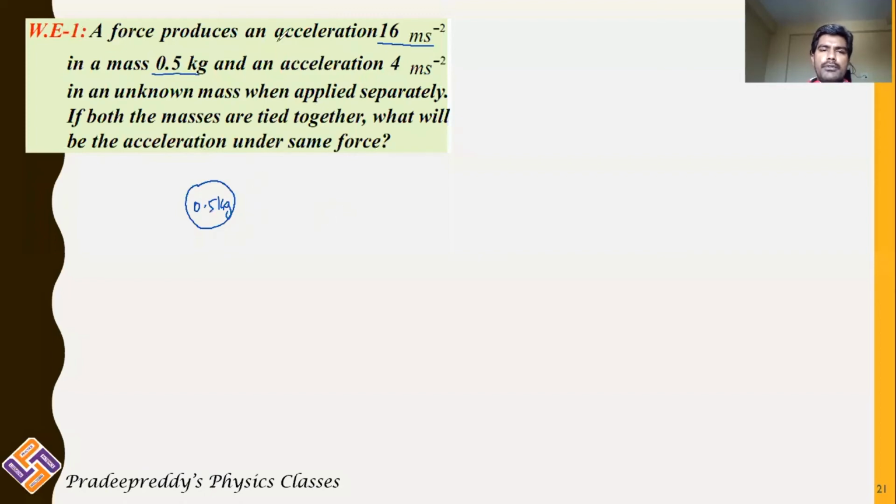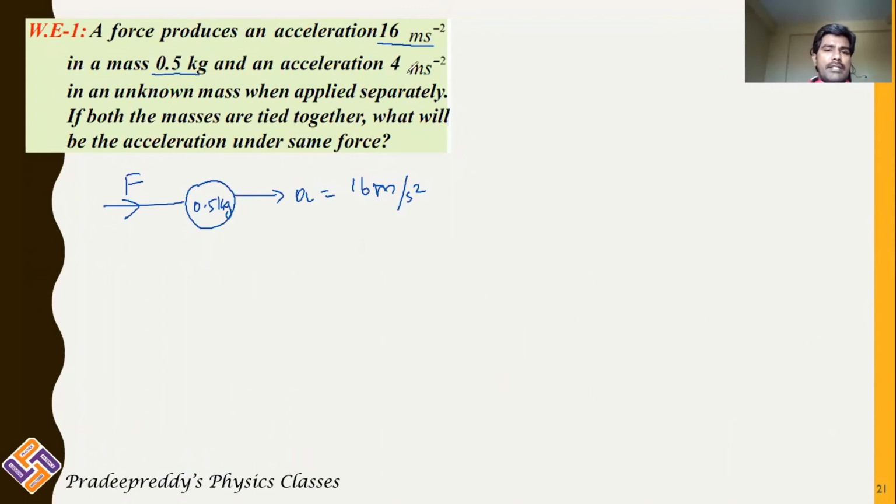A force produces an acceleration of 16 meter per second square in a mass of 0.5 kg.